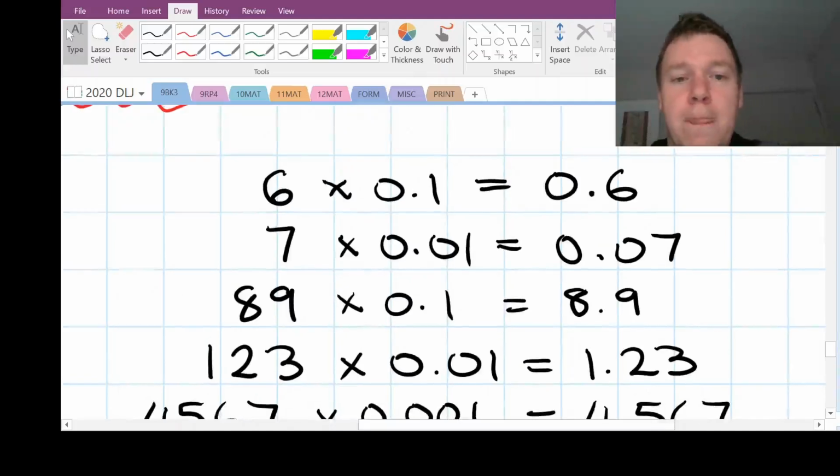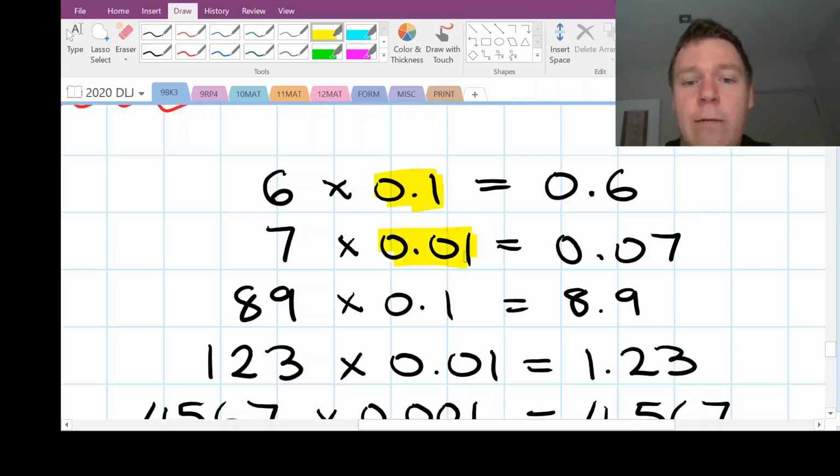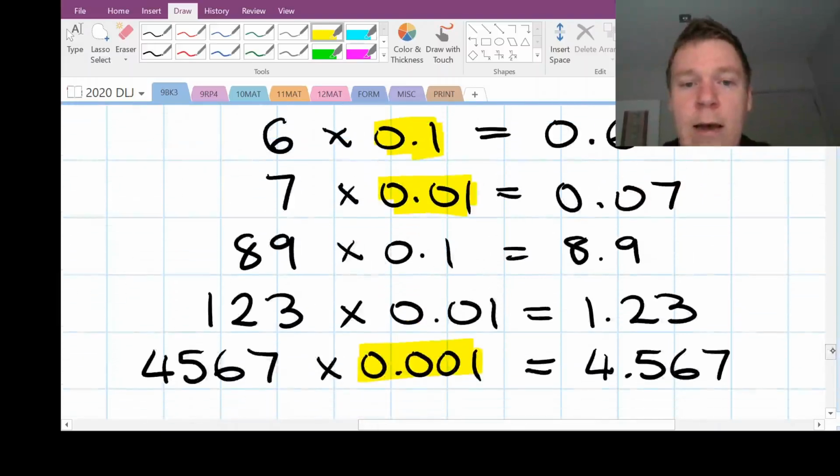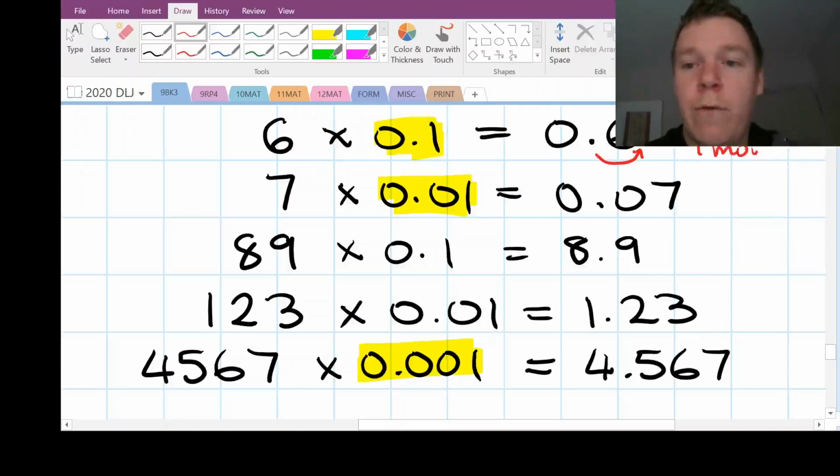So 0.1 and 0.01 and 0.001 are special decimals, because what they do is they just move the decimal point over. So multiplying by 0.1 has the effect of moving the decimal point one move, right?